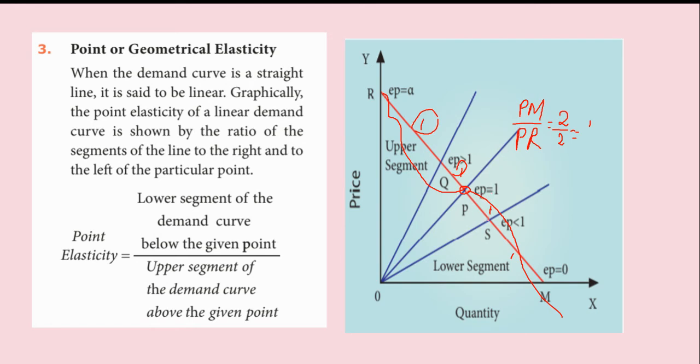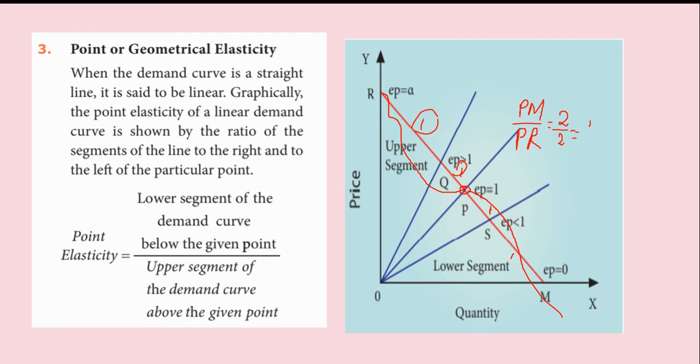Similarly, you can calculate for the point S. The lower segment of the demand curve is SM, and the upper segment is SR. So SM is one part and SR is 3 parts. So 1 divided by 3 will be lesser than 1. Similarly, you can calculate for R, Q, P, S and M. At the point R, demand is perfectly inelastic, so elasticity of demand is equal to infinity. At Q, elasticity of demand is greater than 1.